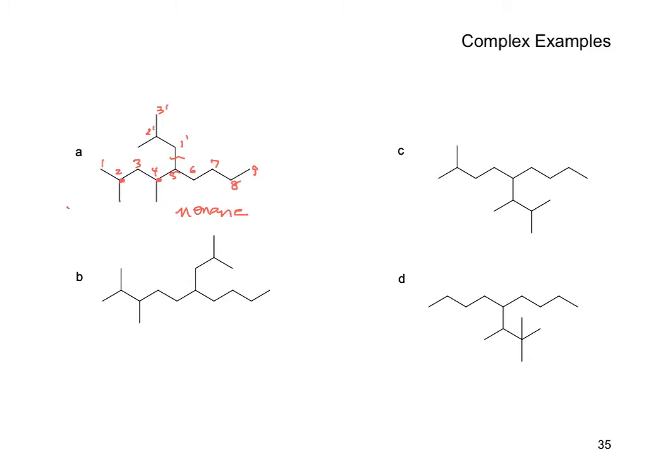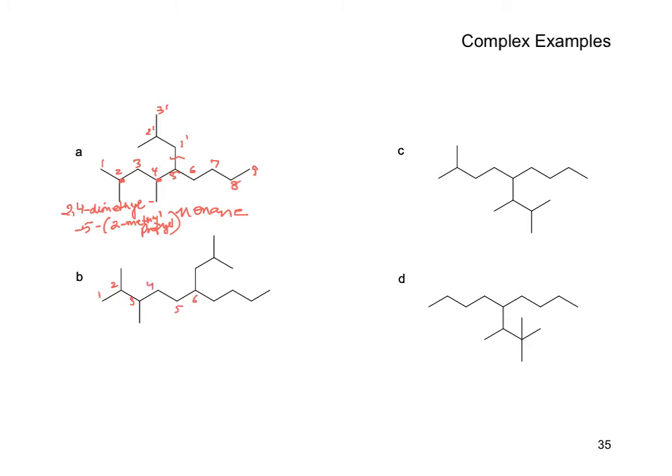So we'll call it 2,4-dimethyl. Position 5 has 2-methylpropyl, nonane. Sound good?